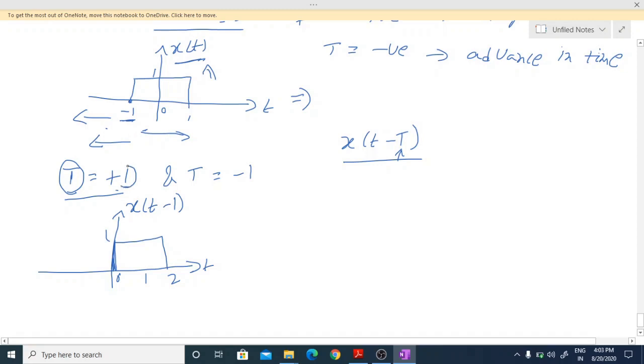Only by T times. Here the T value is 1. So -1 plus 1 equals 0. The signal will start from 0 and the amplitude does not change. The same amplitude will be carried forward here, and the 0 position will be moved to the first position, and the first one will be moved to the second t value.